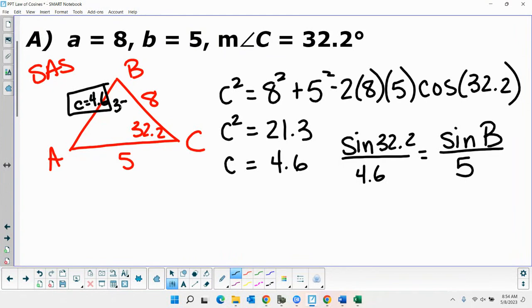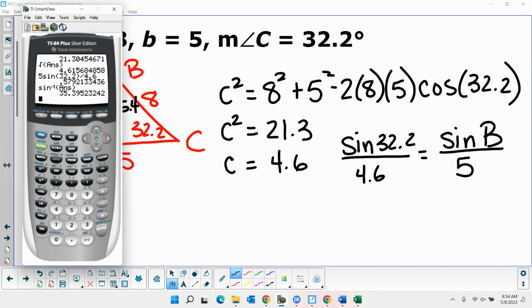Berkeley, what do I have to do to find angle A now? Thank you. Can you help Rob, Preston? You do the minus 180. Right. The three angles add up to 180. So we know two of the angles. So add 35.4 and 32.2 and then subtract from 180 to get the remaining one. Those are the two added together.